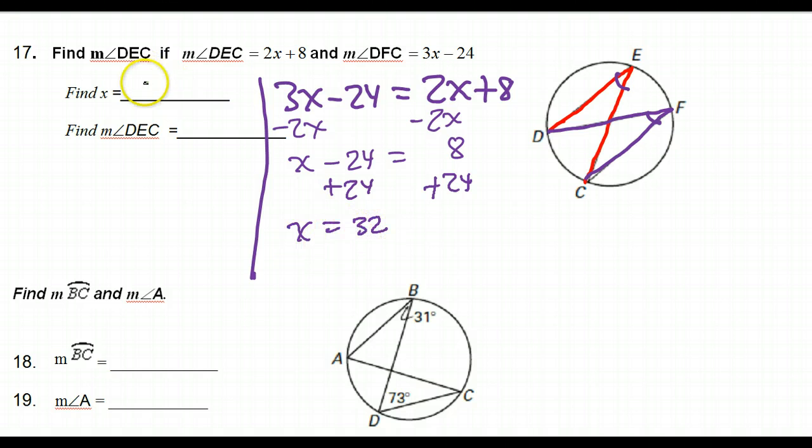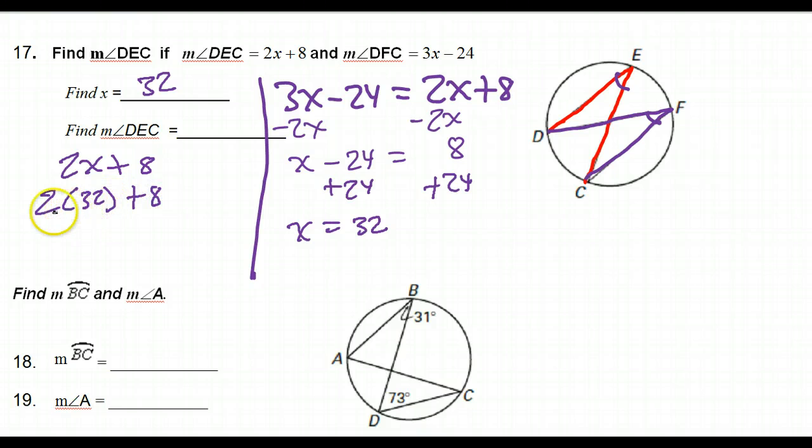Okay, so x is 32. But if I want to find the measure of DEC, well, DEC is 2x plus 8. But now we know that x is 32, so that makes this 2 times 32 plus 8. So that is 72. Alright, so that's number 17.